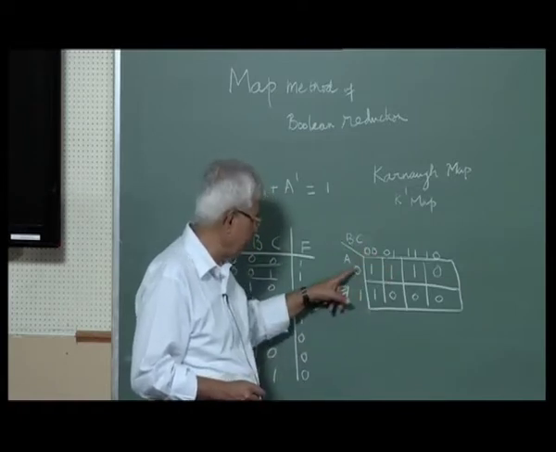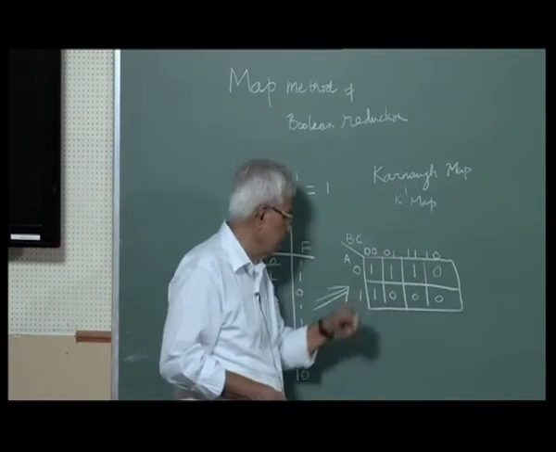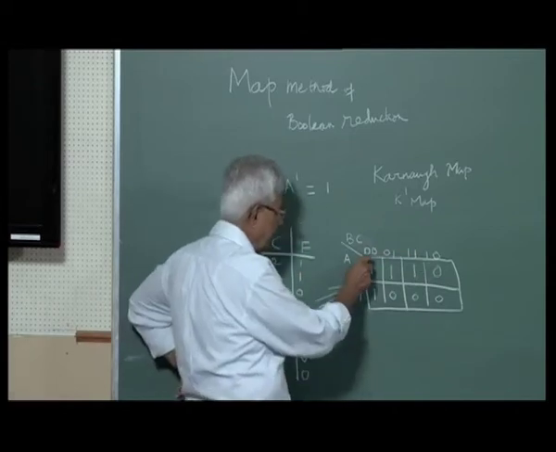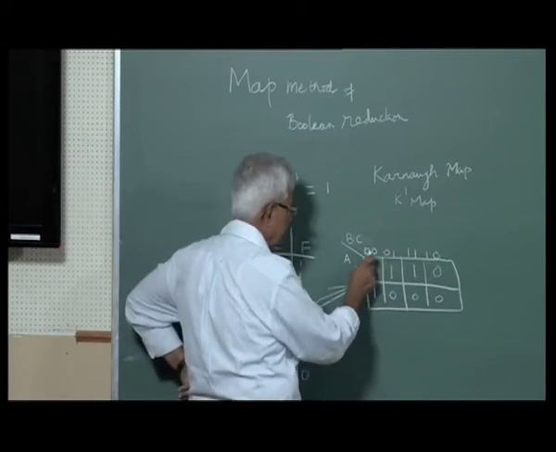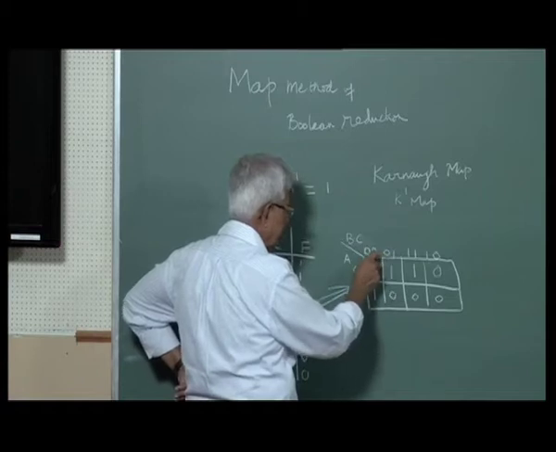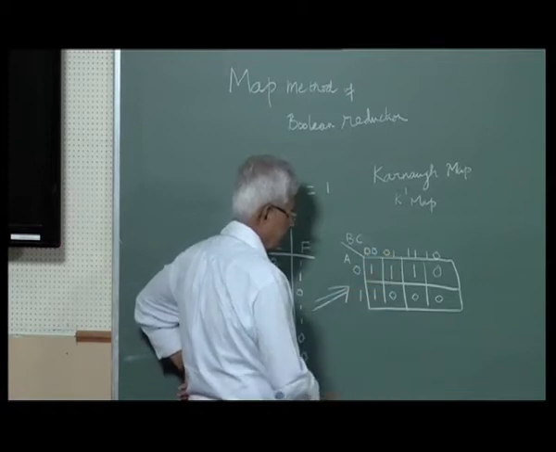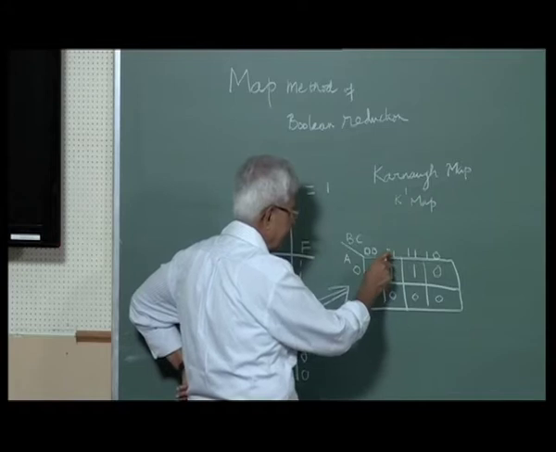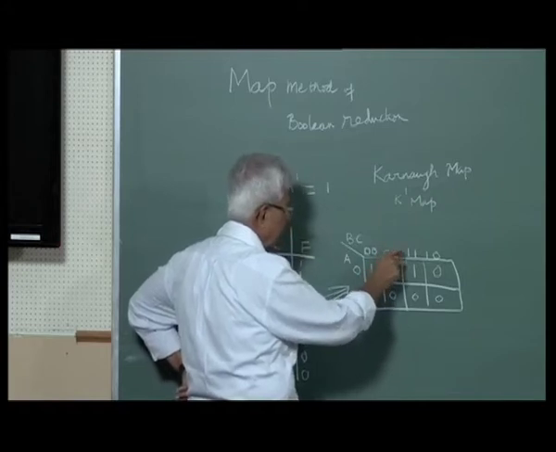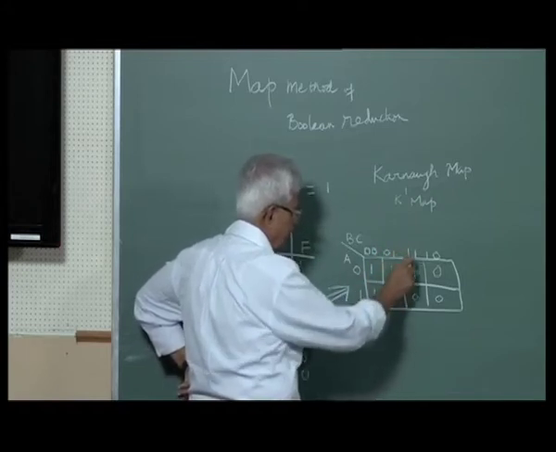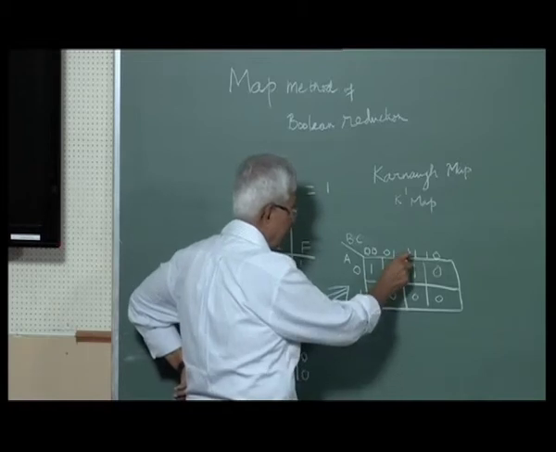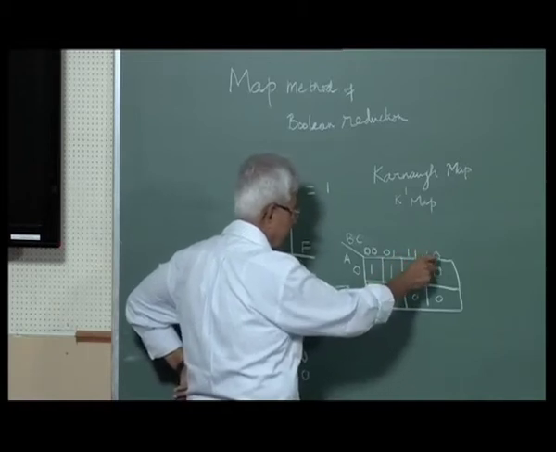For example, A bar is common to all the 4. Here it is B C bar, B bar C bar, this is B C. So between this and this, C is 0 here, C is 1 here. Between this and this, B is 0, B is 1, C is 1. Between this and this, B is 1, C is 1 here, C is 0 here.